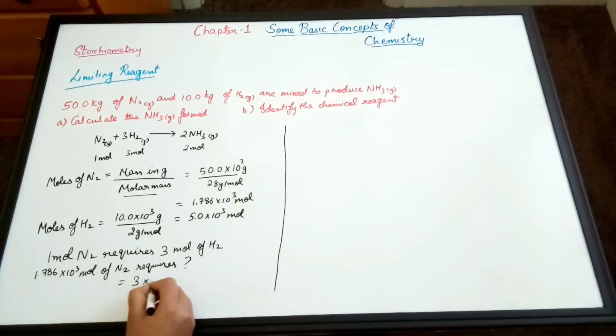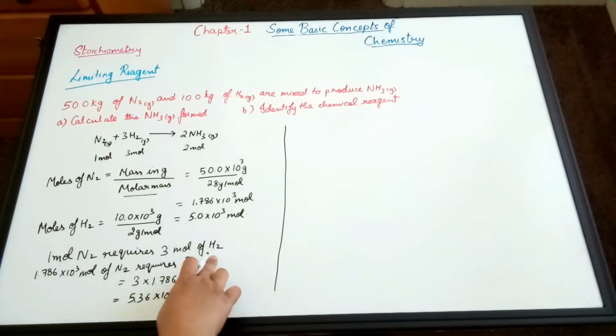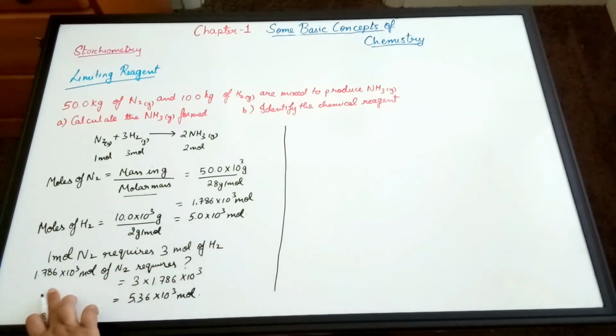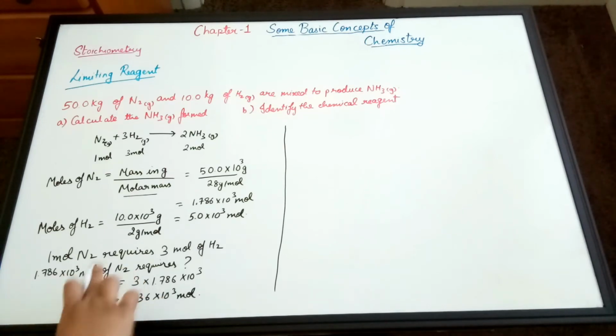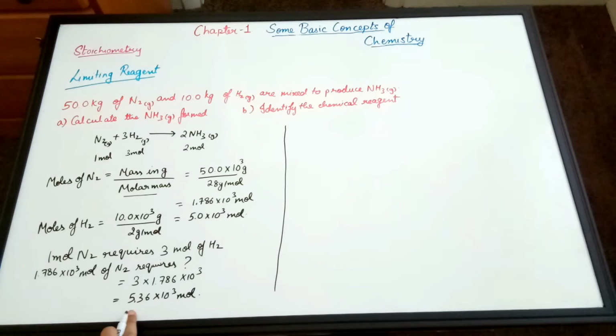So 3 into 1.786 into 10 to the power 3, which gives us 5.36 into 10 to the power 3 moles. Okay, so all we are doing, we are considering 1 mole of nitrogen requires 3 moles of hydrogen. Then 1.786 into 10 to the power 3 moles of nitrogen will require how much hydrogen? That is, it requires 5.36 into 10 to the power 3.